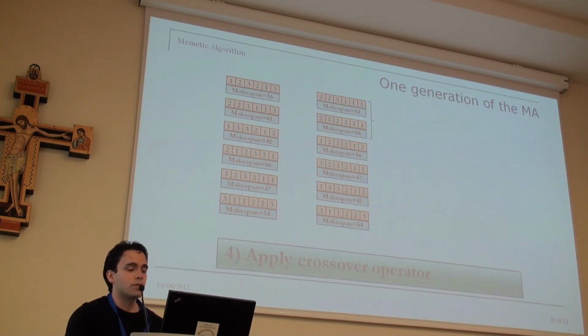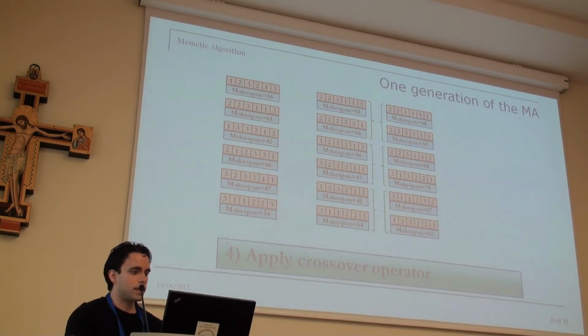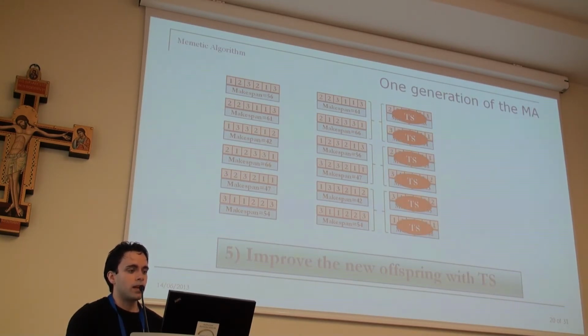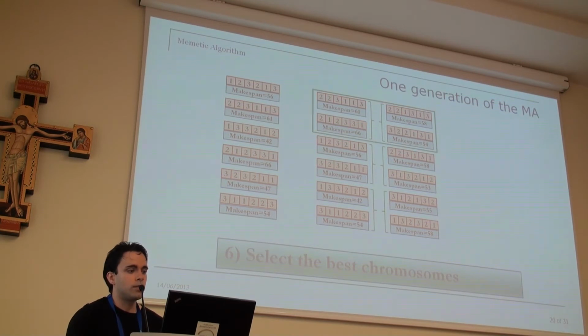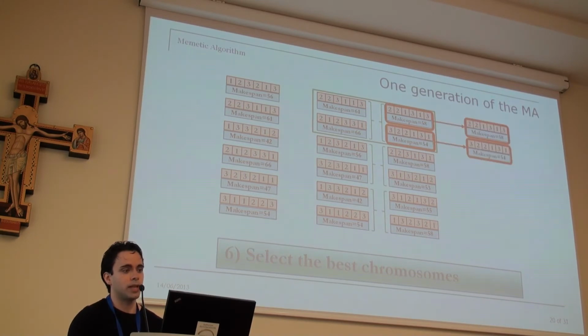Then, for each pair of solutions, we apply the crossover and generate 2 offspring. Then, we improve each of the offspring with tabu search again. And finally, for selecting the chromosomes for the next generation of the genetic algorithm, from each group of 2 parents and 2 offspring, we select the 2 best solutions to advance to the next generation.